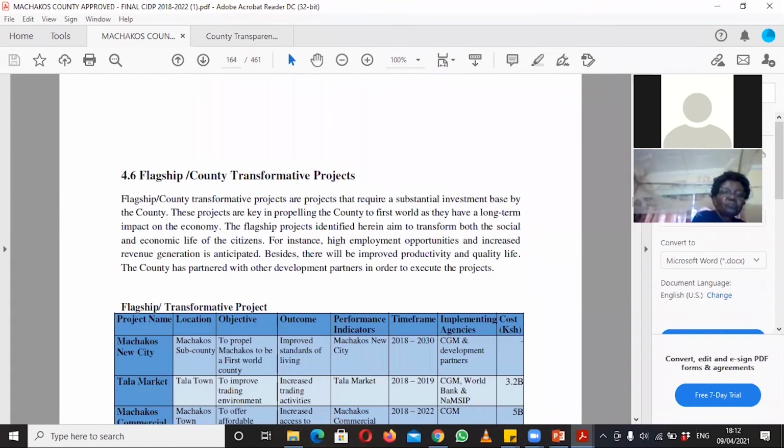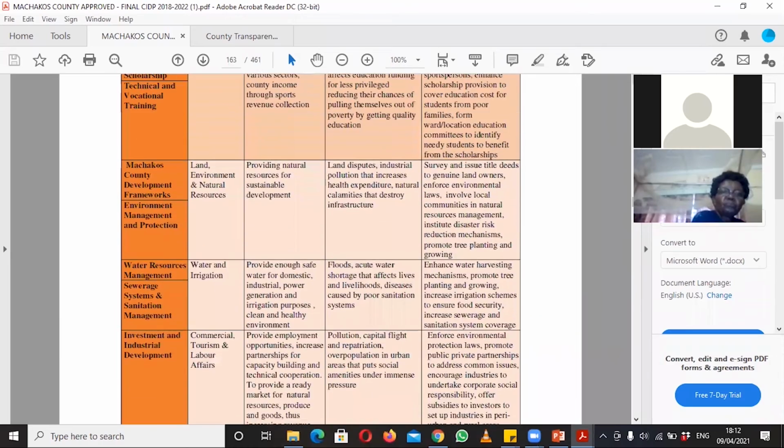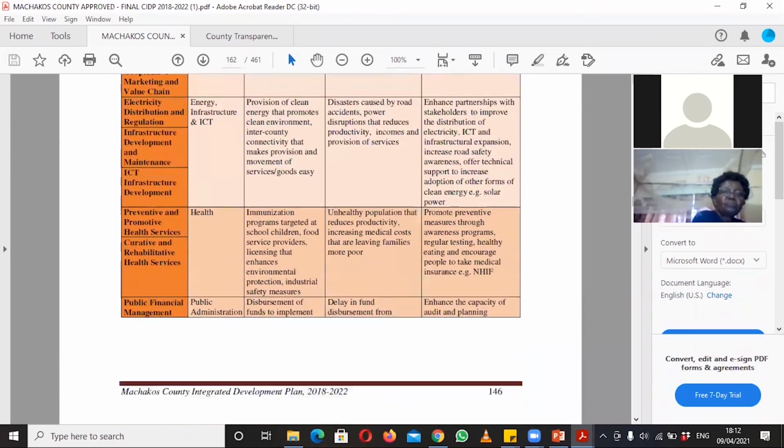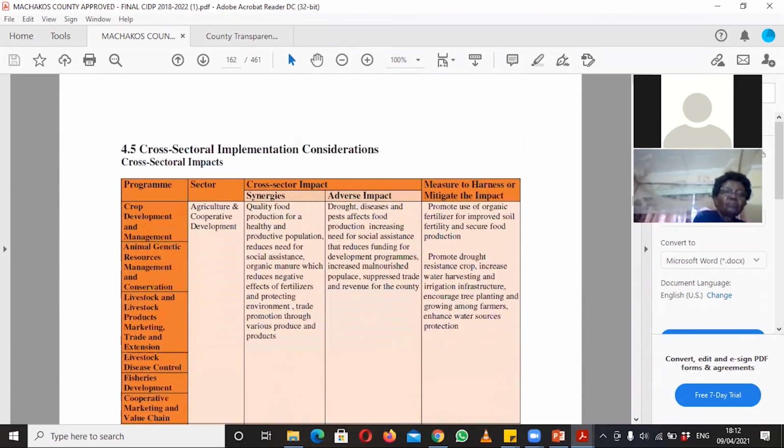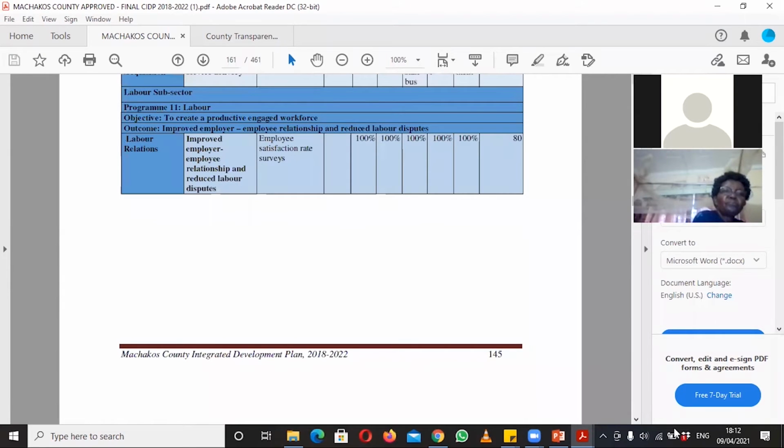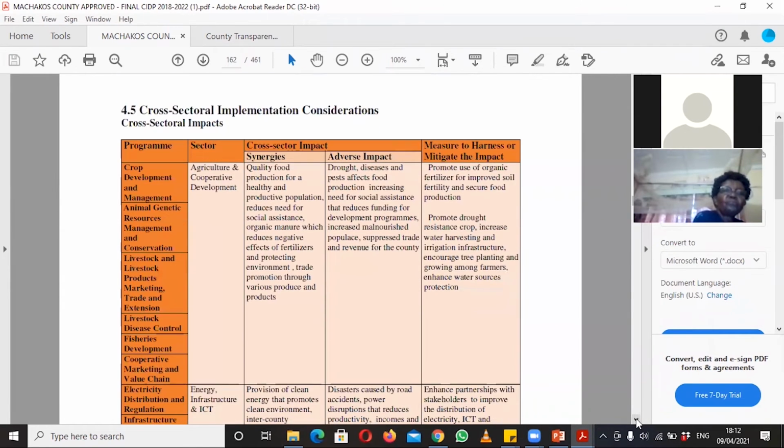Another thing you should also note is the cross-sectoral implementation considerations.